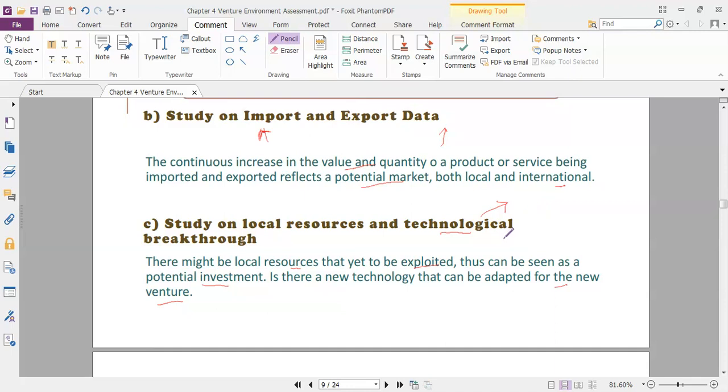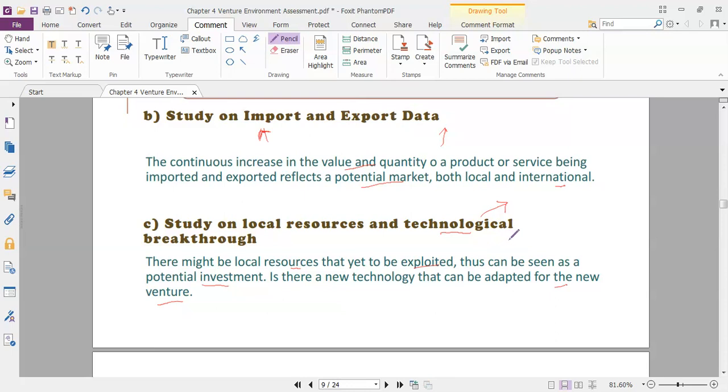Digitalization is also a technological breakthrough, where all people are choosing online business. That is one of the examples of technological breakthrough. Who is the founder of the technological breakthrough?